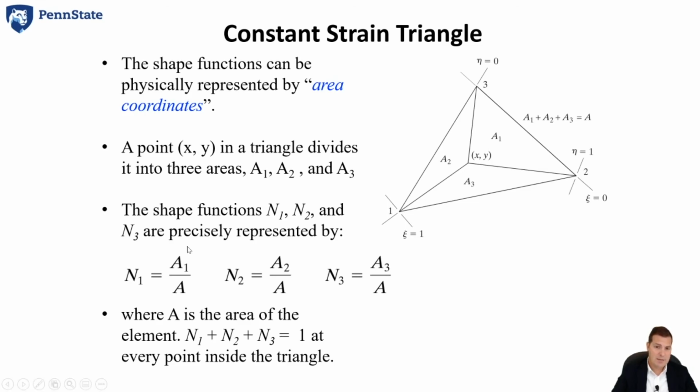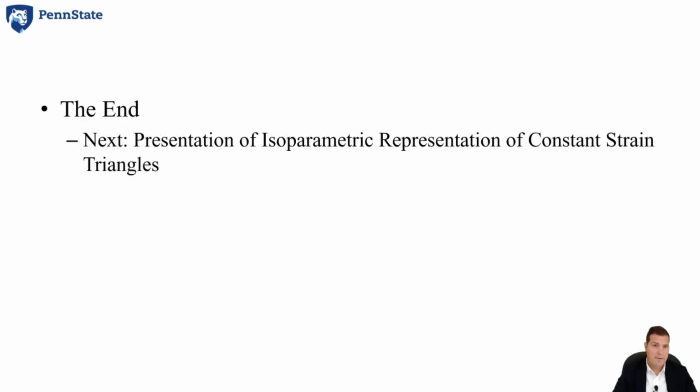This is similar in helping us establish that mapping. You just take A1 divided by A, so N1 is equal to A1 divided by A, and so forth for N2 and N3. So we have these shape functions established using a method like this. This leads us to writing the isoparametric representation of the constant strain triangle, and we're going to do that in the next video.